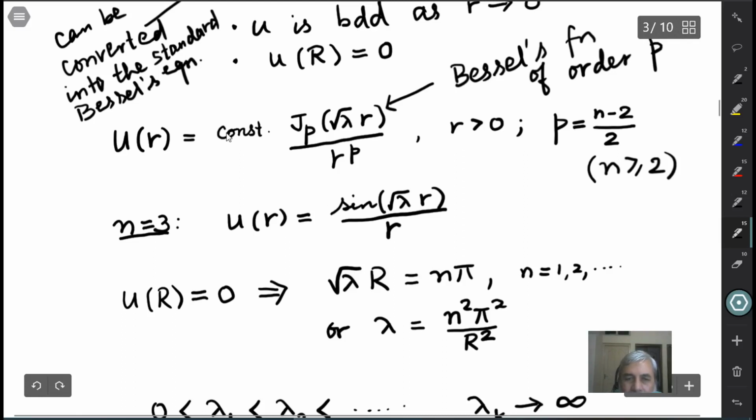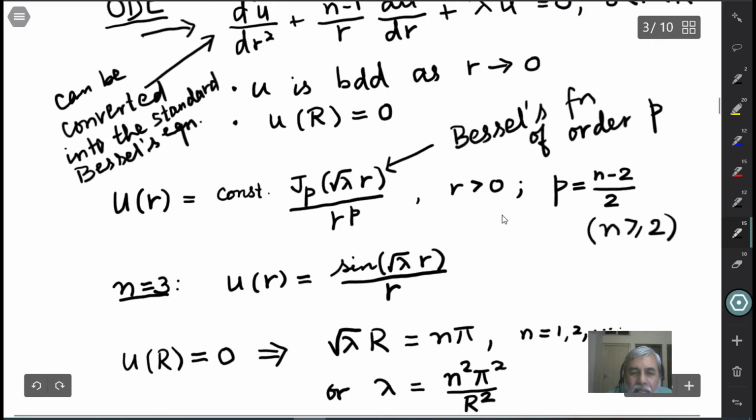So I omitted that constant, so you can put any constant there. Okay, and you can directly verify. So again, this is bounded as r tends to 0. As r tends to 0, it just tends to root lambda, which is finite.